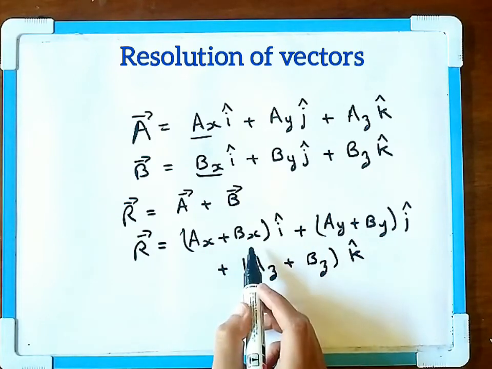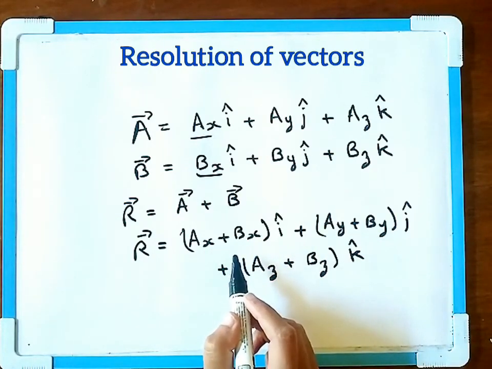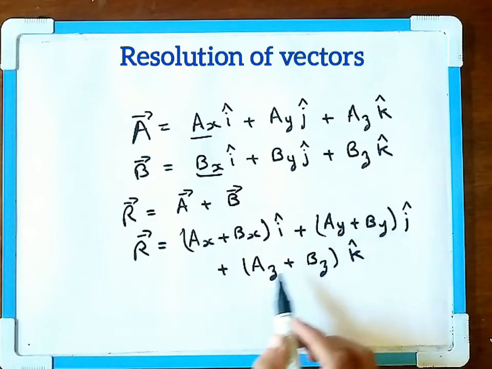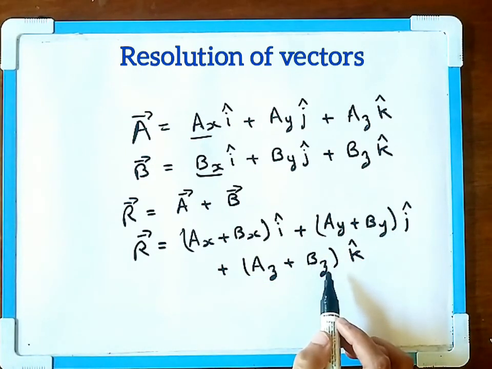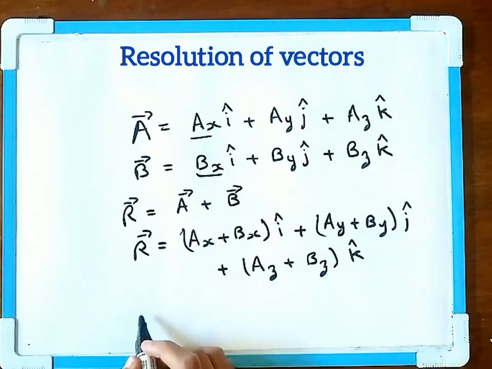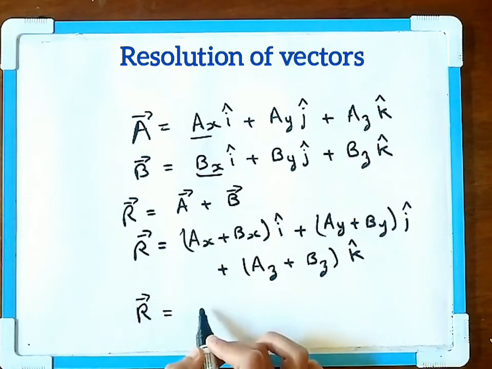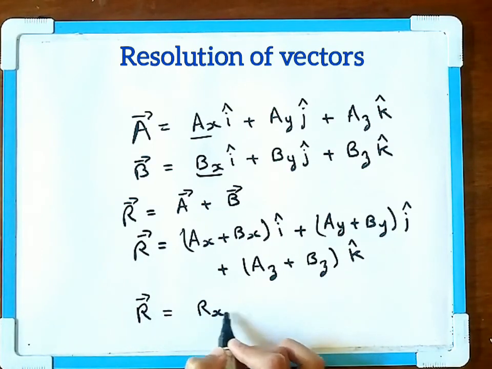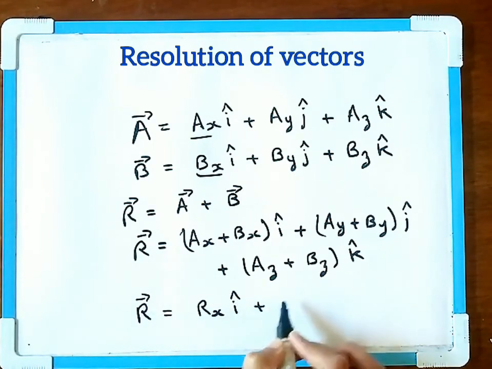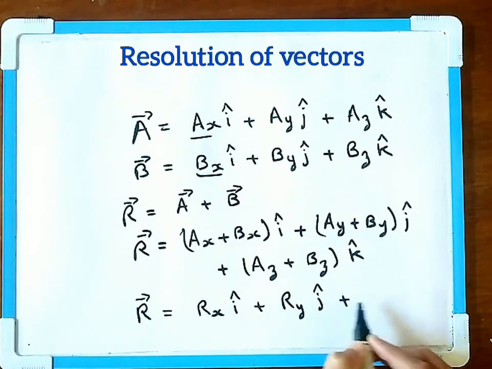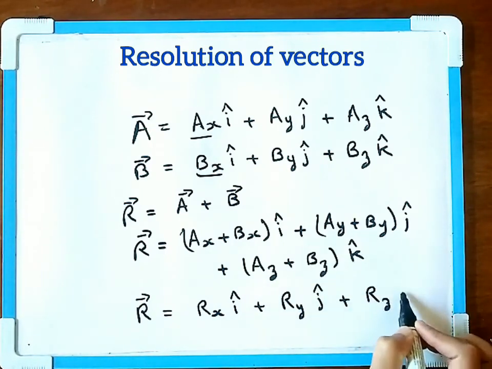So here Ax plus Bx can be taken as Rx, Ay plus By can be taken as Ry, and Az plus Bz can be taken as Rz. So here R vector, which is the sum of A and B, can be written as Rx i cap plus Ry j cap plus Rz k cap.